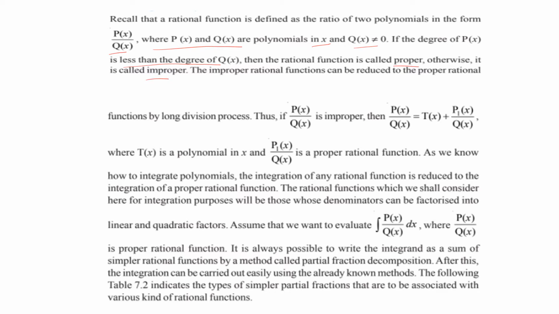So improper rational functions can be reduced to proper rational functions by using a process called the long division method.